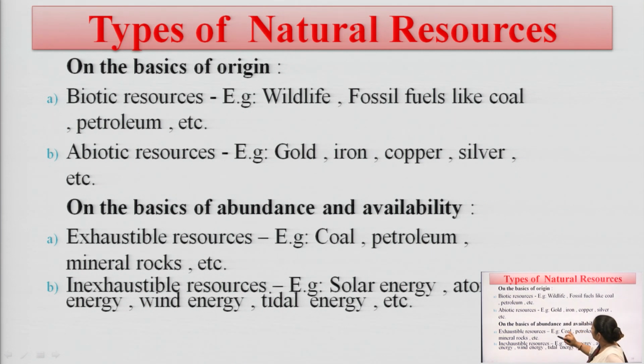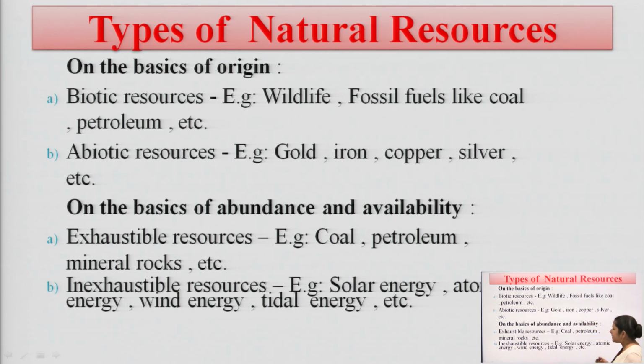Biotic resource examples are wildlife, fossil fuel, coal and petroleum. These all come under the biotic resource. Abiotic resource means gold, iron, copper, silver and many more. Now, the second part on which we classify our natural resource is on the basis of abundance and availability.